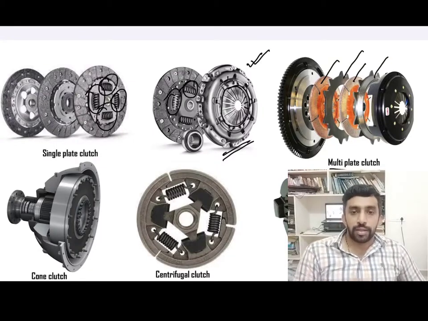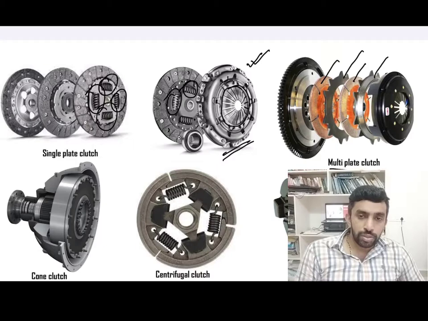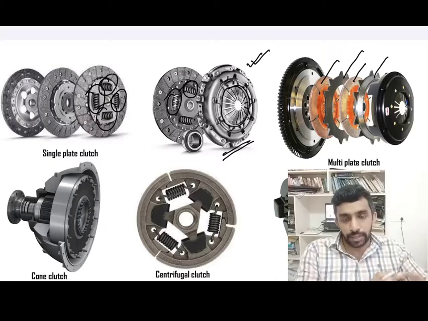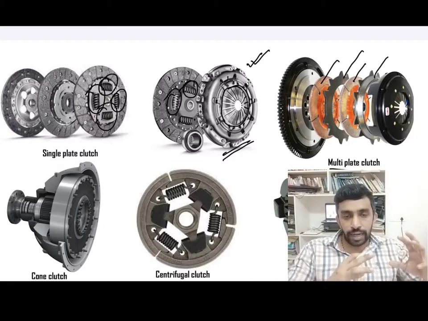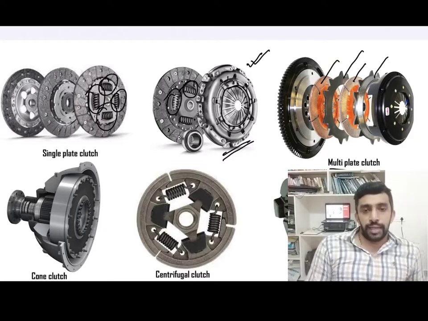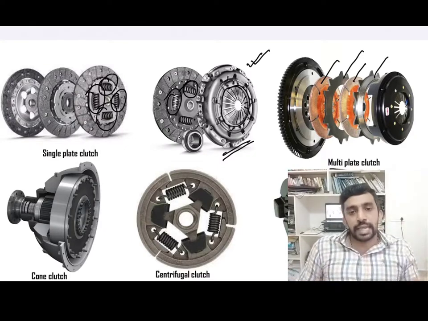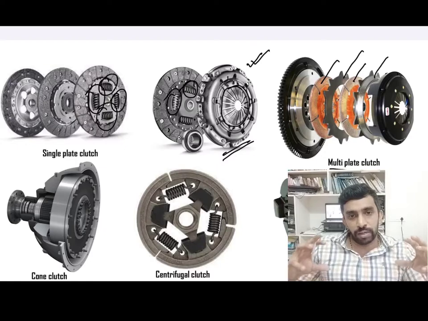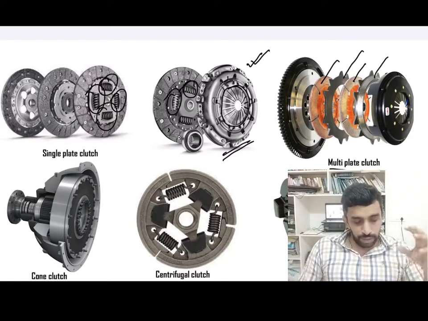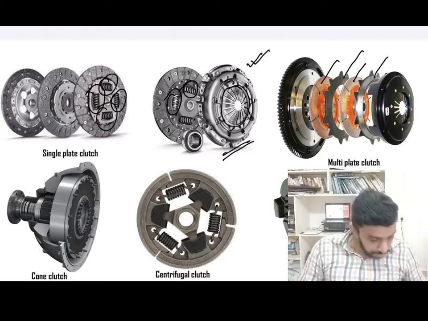Many plates are used in this clutch so as to reduce its size. For transmitting the same amount of torque, the size of a multi-plate clutch is much smaller when compared with the single plate clutch.